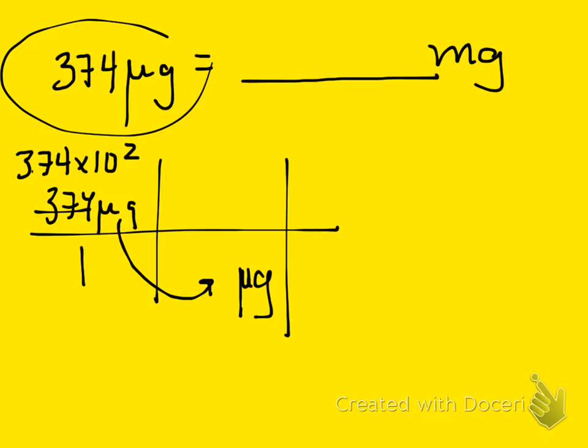The other thing you need to know is that metric base unit idea. Every single square past your first one is going to have a relationship back to the metric base unit. So here, we're in micrograms. Our metric base unit's going to be grams.